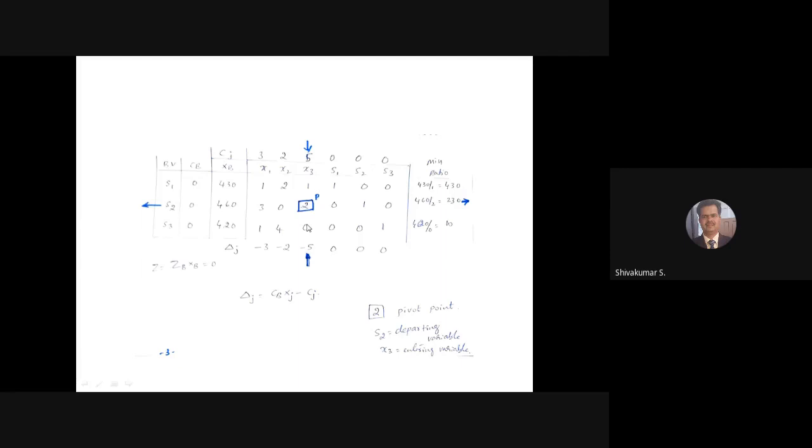That's the procedure. To make this 1, you divide the entire row by 2. So in the next table, 460 divided by 2 becomes 230, this becomes 3 by 2, this becomes 0, this becomes 2 by 2, that's 1, then 0, 1 by 2, and 0. Those are the next table values.